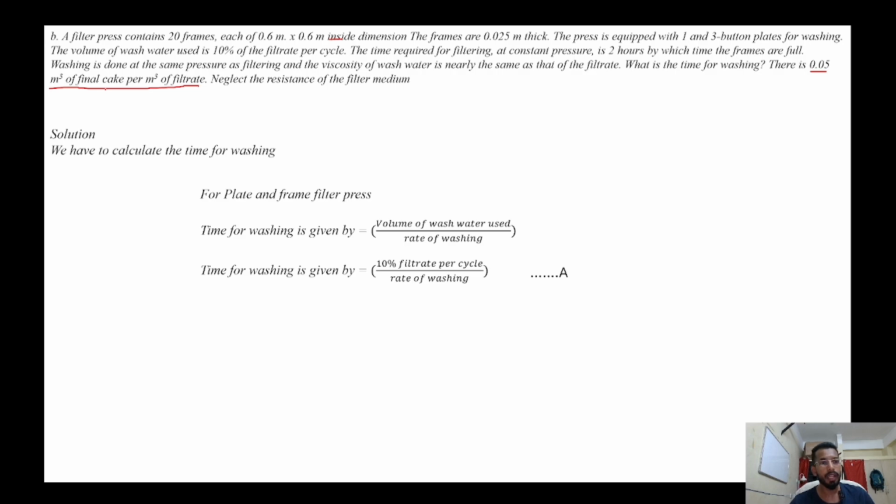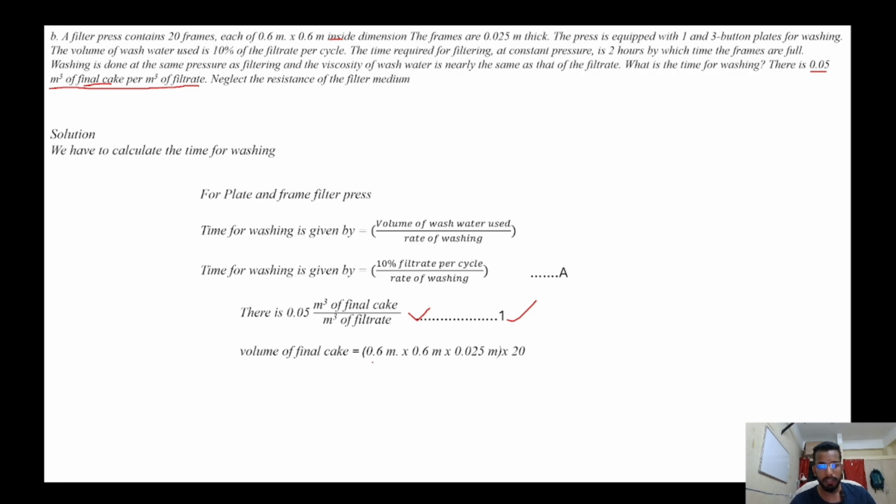That means if I find the volume of the final cake and divide it by this value, I will get the meter cube of the filtrate, that is, the volume of the filtrate. So how can I find the volume of the final cake? This is the value, mark it as 1.